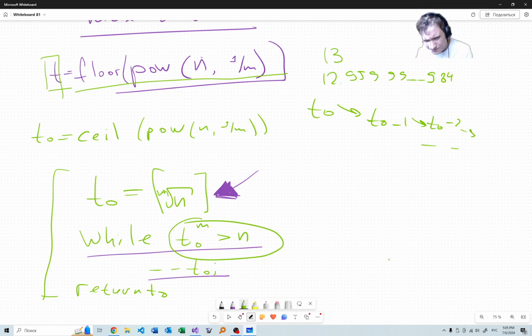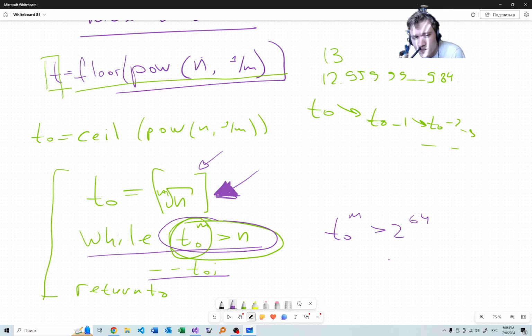Because you know, this exponentiation can lead to an overflow. So this is done in doubles. This is fine. But this is done in integers. So t0 to the power m can easily be greater than 2 to the power 64 and exceed long. Well, to prevent that from happening, there are two ways.